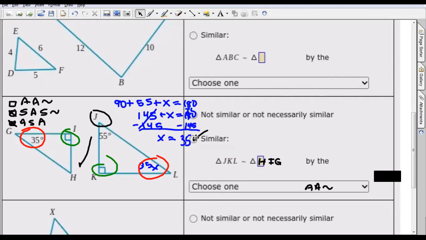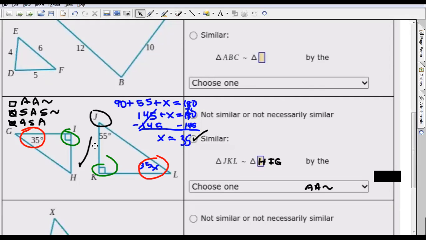Any question here? Isn't it JKL? Wouldn't J, since it's on the top, correspond with G? You have to be careful because this is oriented differently.